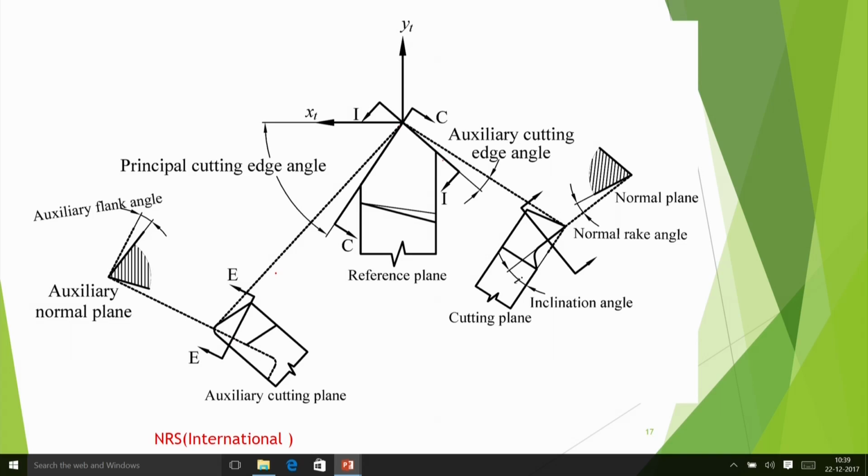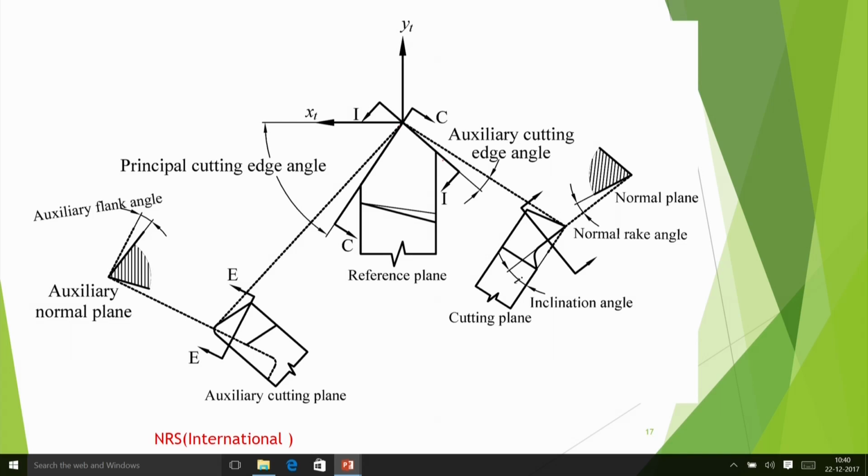So we get an auxiliary cutting plane, and if I cut it perpendicular to that auxiliary edge here, we get basically auxiliary normal plane, and in the auxiliary normal plane I can get auxiliary flank angle. Of course, I can get auxiliary rake angle, but that is not specified here. We have specified this one normal rake angle, so we get auxiliary flank angle, and this way we can define it for the NRS system, that is normal rake system.